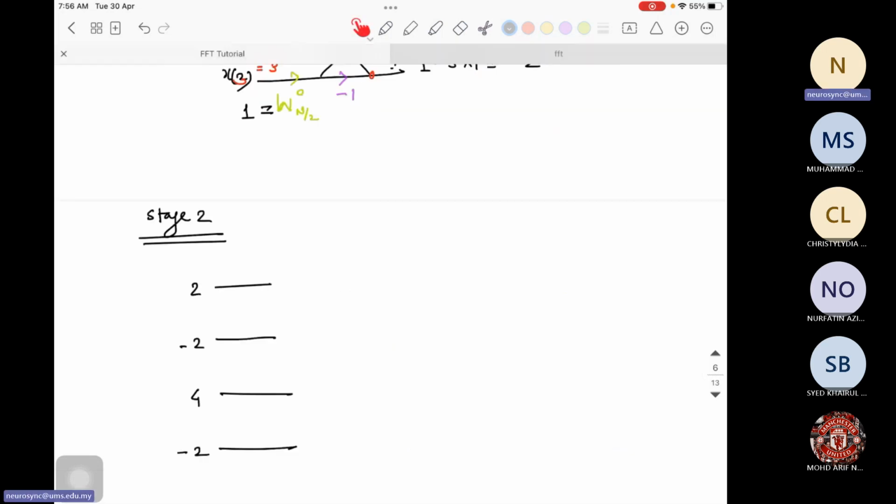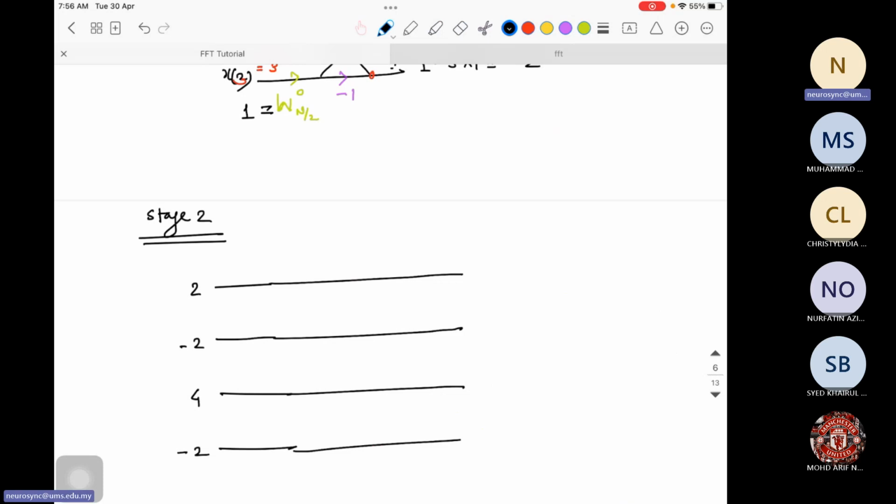First, draw the structure. So how do we draw this structure? Look at this. This is my first butterfly, and the second butterfly will be like this.